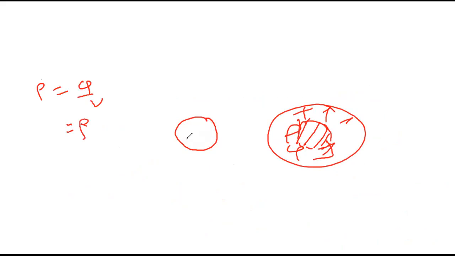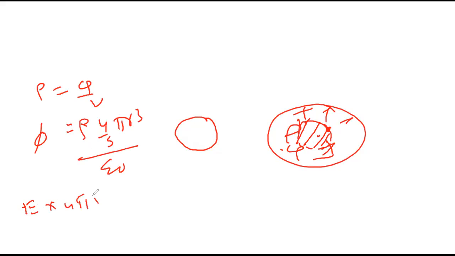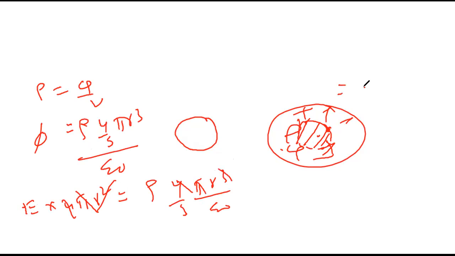So charge will be rho into its volume, which is 4 by 3 pi r cube, upon epsilon naught is flux, but flux is nothing but the integration of E into dr throughout. इसलिए E इंटू 4πr² यही फ्लक्स है, रो इंटू 4/3πr³ अपॉन एप्सिलॉन नॉट, 4π can cancel and r² with r cancel, so in terms of rho we are getting rho r upon 3 epsilon naught.